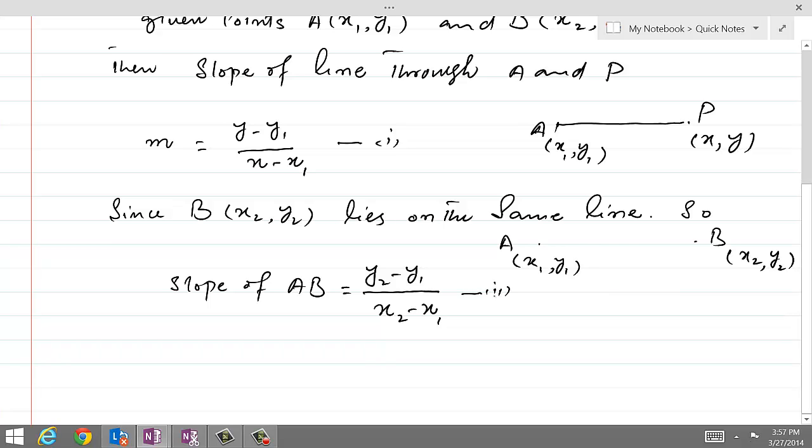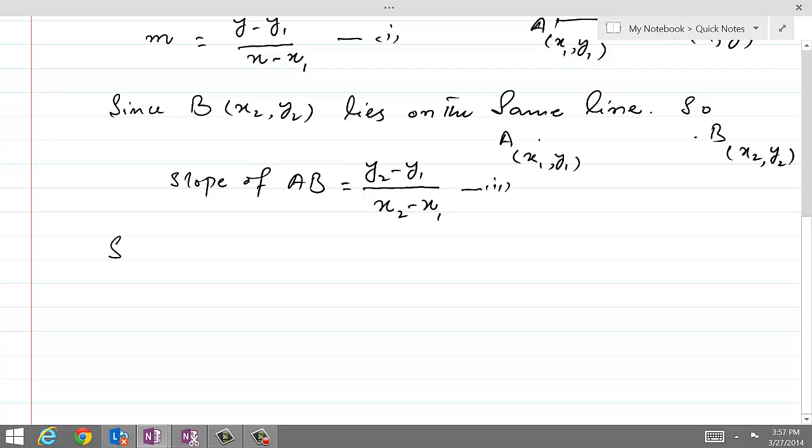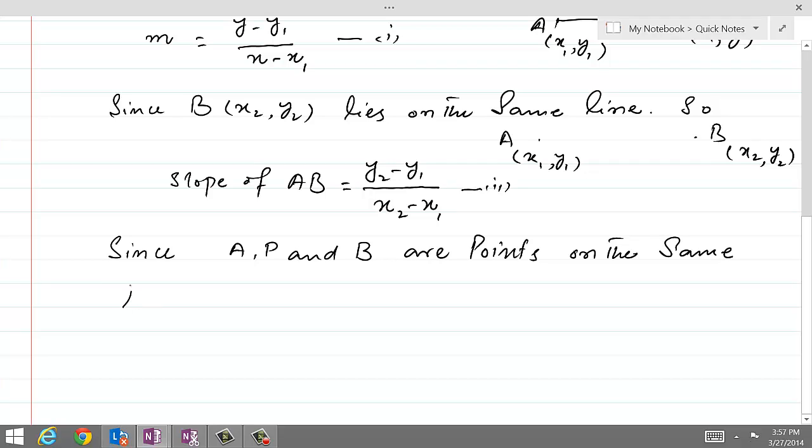Since A, P and B are points on the same line, both slopes must be the same. It doesn't matter wherever you take the points on the straight line.